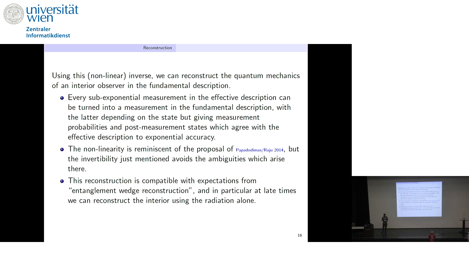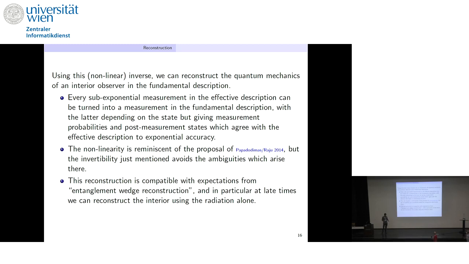the kind of reconstruction we use is something that was introduced by Akers and Pennington, and it's called state-specific unitary reconstruction. So the idea is that for any given state and given unitary, they both have to be sub-exponential in the effective description, then I can find a unitary in the fundamental description which acts in the same way on the encoded state, okay?